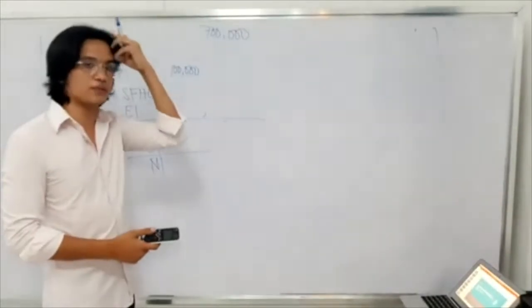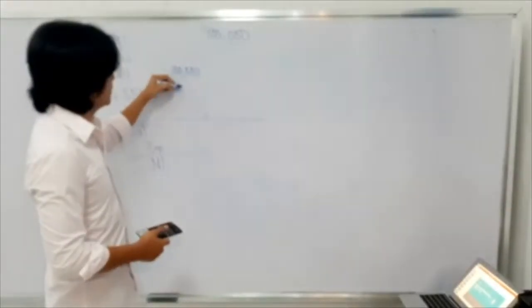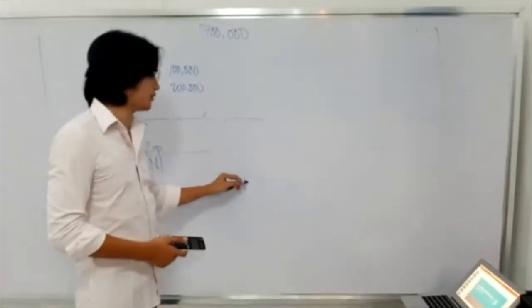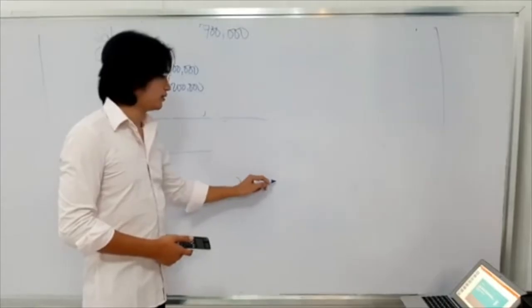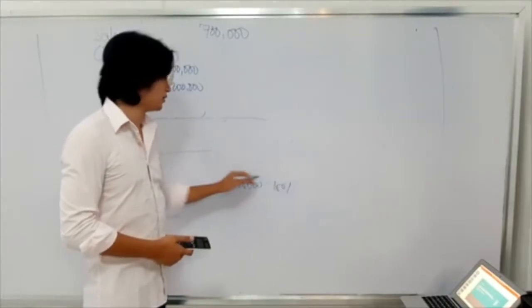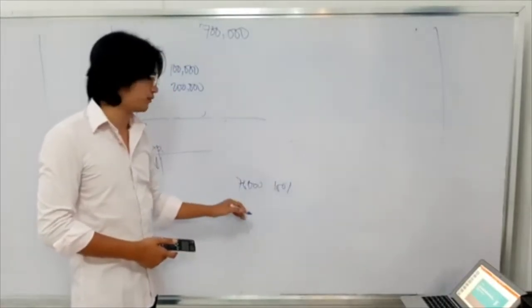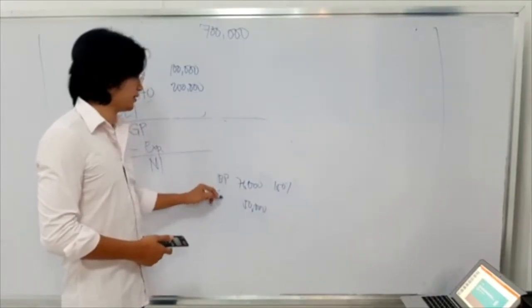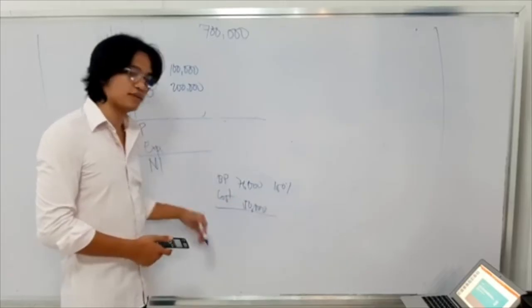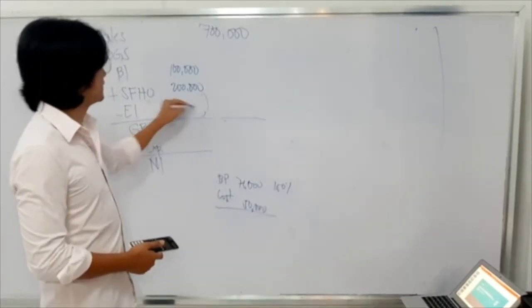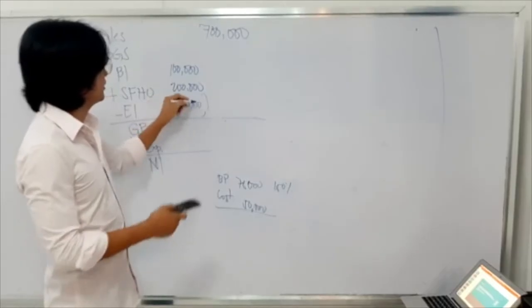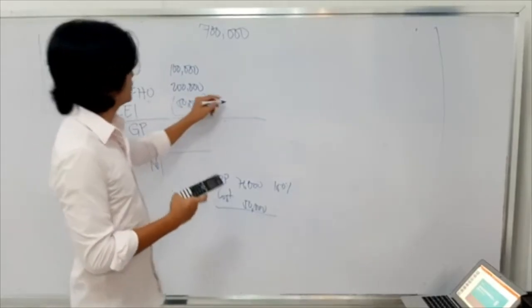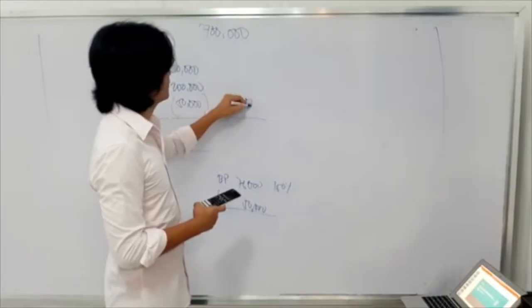Shipments from home office, same process. We get 200,000. Ending inventory, same thing, 75,000. That's 150%. So you divide 75,000 by 1.5, you get 50,000 as for the cost. Of course, the difference is the markup. So less 50,000, you have cost of goods sold amounting to 250,000.